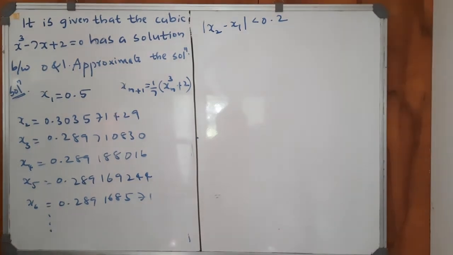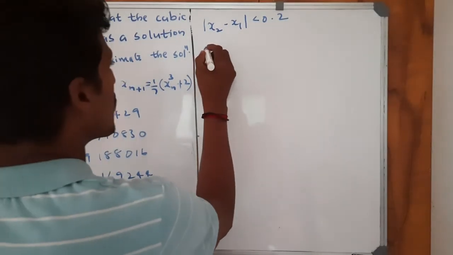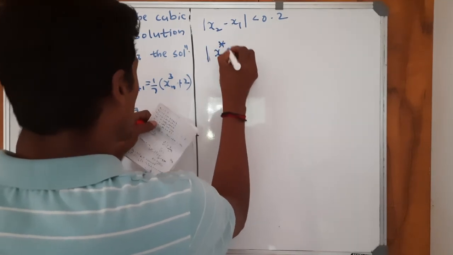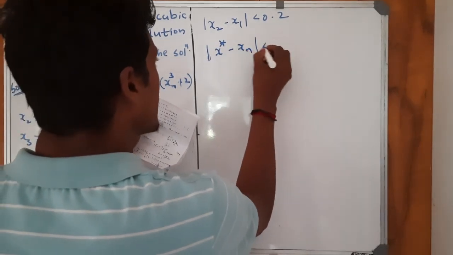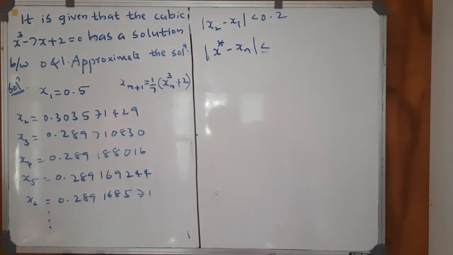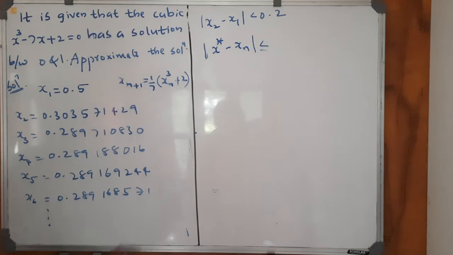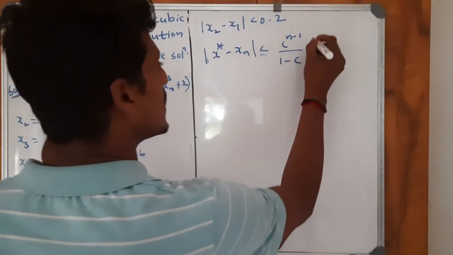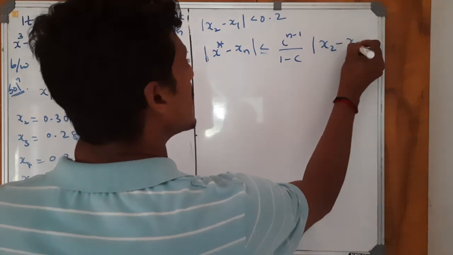Then after n steps, we have modulus of x star minus xn, and the first estimation was that this is less than or equal to c raised to n minus 1 by 1 minus c into modulus of x2 minus x1.